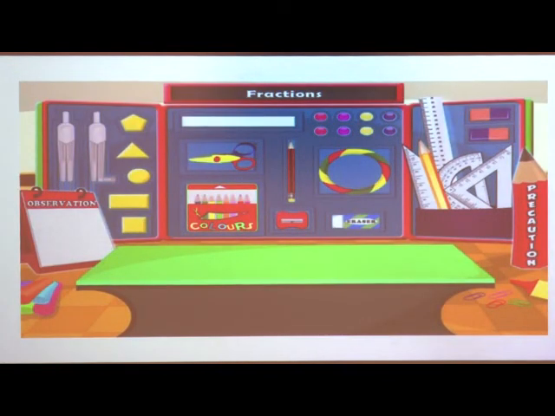Take 3 strips of paper. Take pencil colors. Mark the strips as A, B and C. Fold the strip A from the middle so that the 2 parts overlap each other.